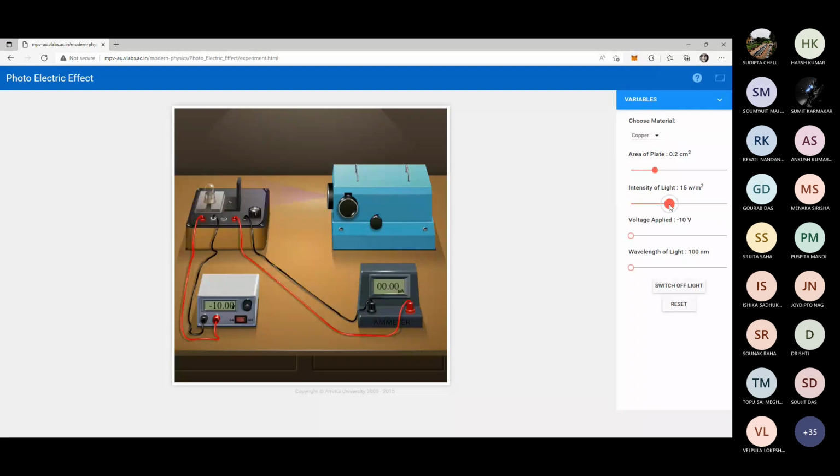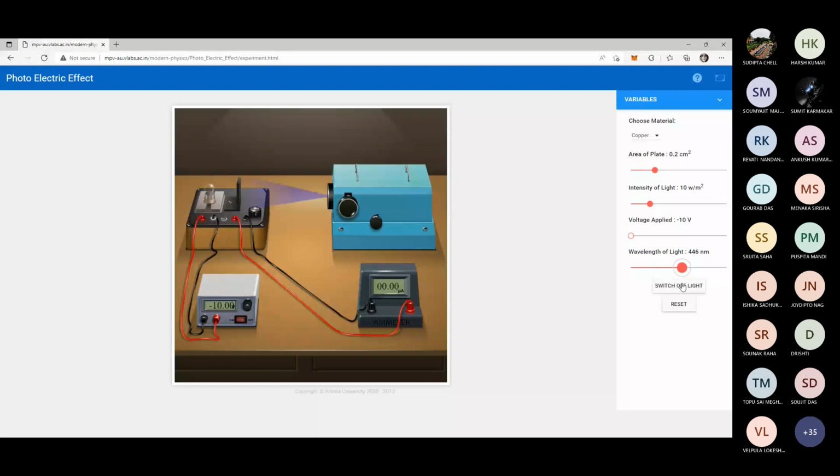For example, we consider 10 watt, or we can take 5 watt. Next we change the wavelength. The wavelength can be varied within the region from 100 to 750.